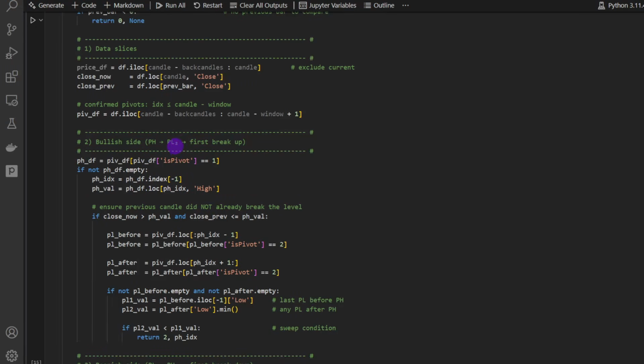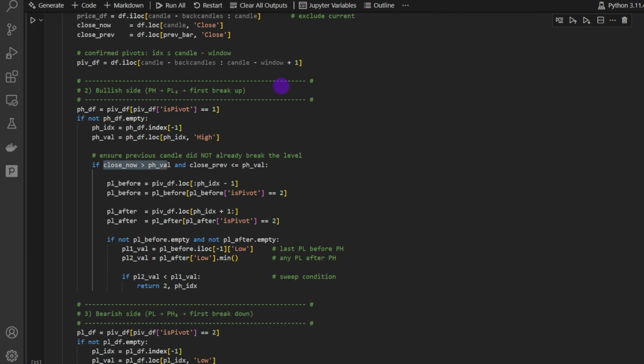Within the function, you will find some details. For example, I'm also testing if the previous candle did not already break the level. We're just checking for the first candle that breaks the level, because we don't want repetitive signals over the same level in consecutive candles. Only the first candle, because we need to catch the signal as early as possible.